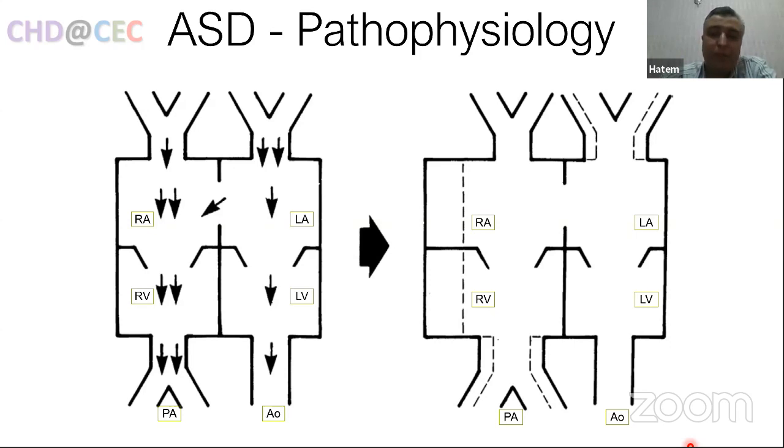So if there is massive shunt from left to right, I do not want to complicate things here, but the ASD physiology is really, really marked in patients with total anomalous pulmonary venous connection.